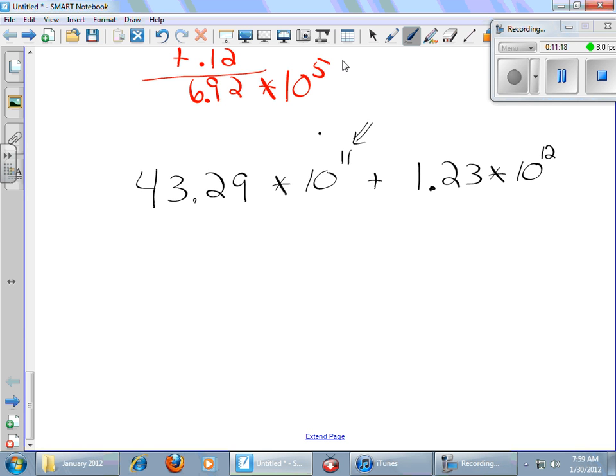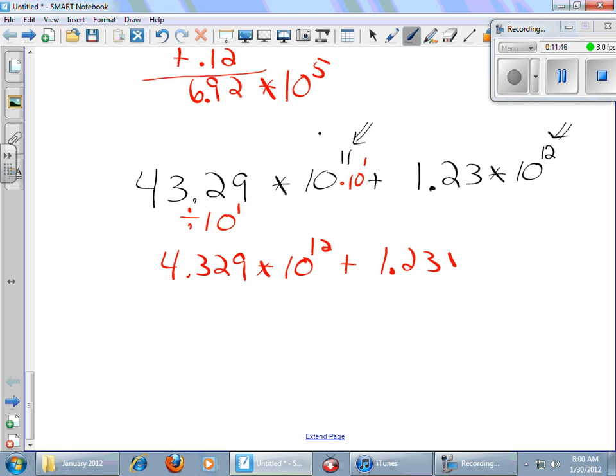I could actually change this one to 11, but I'm going to change that one to 12. So I'm going to have to multiply by 10 to the first, right? But if I multiply that part of the number by 10 to the first, I have to divide this part of the number by 10 to the first. So when I do that, I get 4.329 times 10 to the 12th plus 1.23 times 10 to the 12th. And look at that, things are lining up. Now they're both 10 to the 12th.